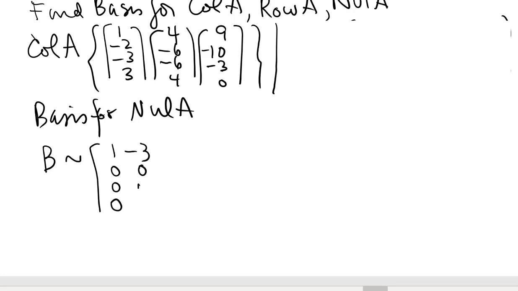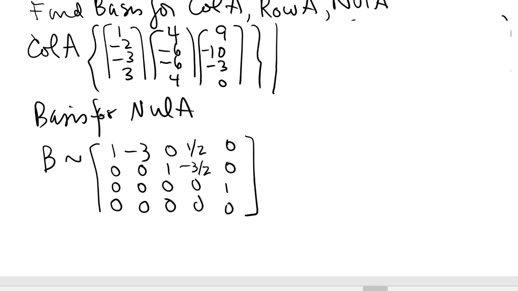I've got still 3 pivot columns, but now I have zeros above and below those pivots. Okay, so after the row operations, I end up with this.